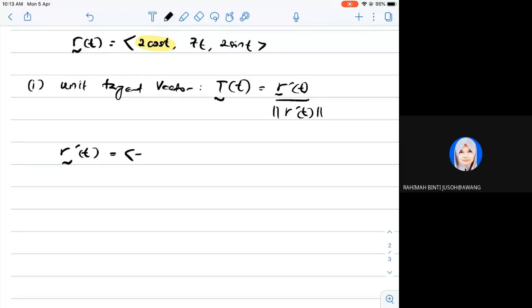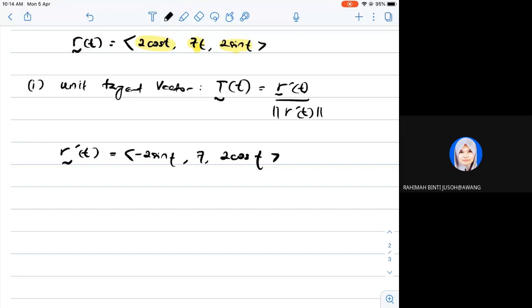Please guys, the test is coming, so please go back and check properly. It's okay, don't be shy if you are wrong, don't worry. I like it when you respond. Okay, next differentiate 7T. What should we get? 7, yes. And then differentiate 2 sin T? 2 cos T, yes. Like this.